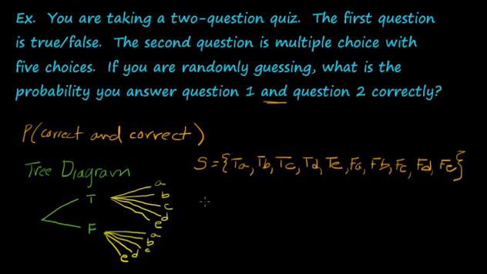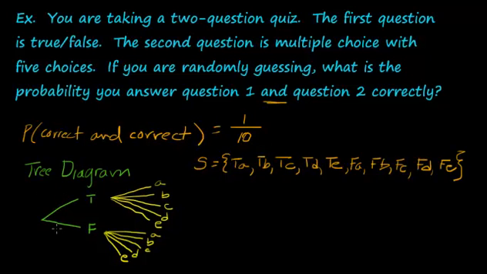So the probability that you guess correct and correct, well, there's only one way to do that out of 10 possible outcomes. Another way to calculate this, other than counting, writing all this out, is what the multiplication rule shows us.